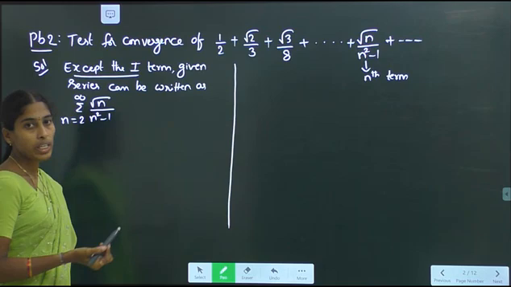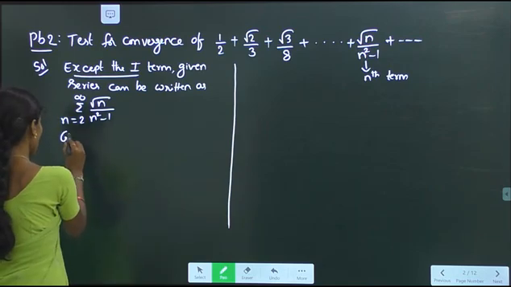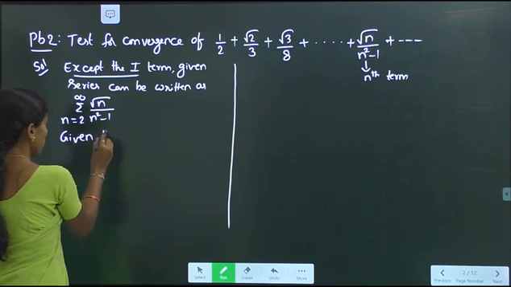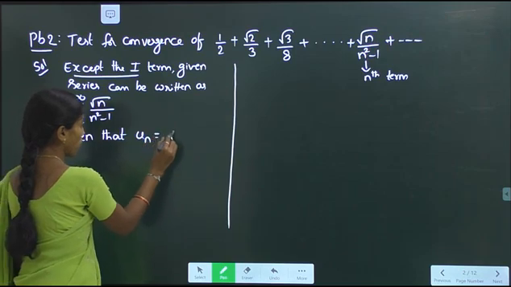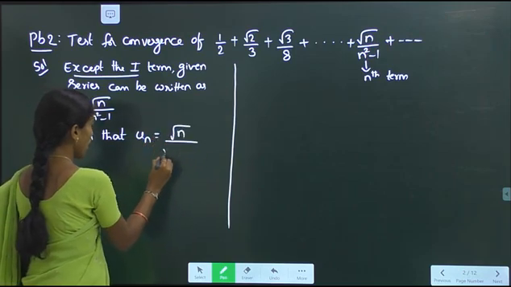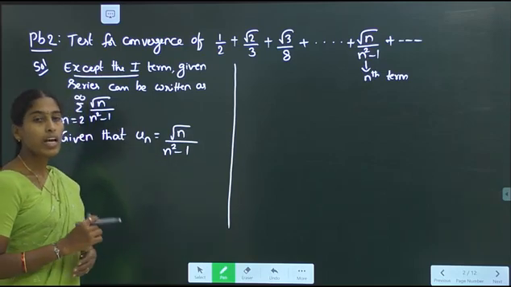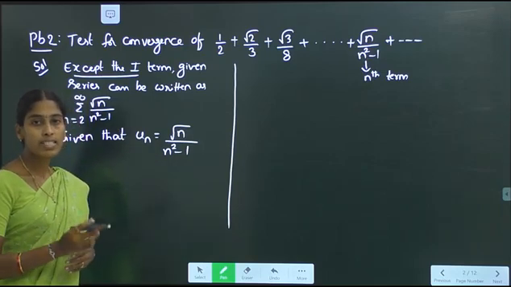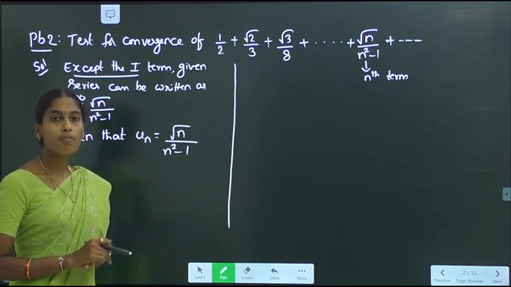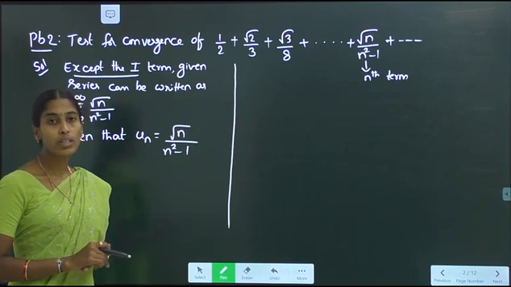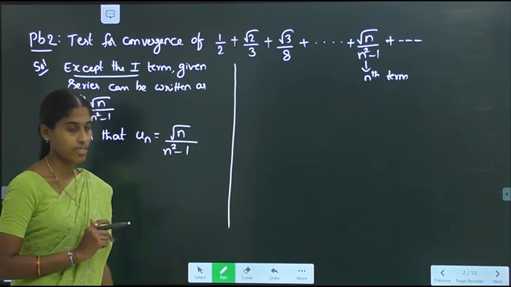So, what is un? Un is nothing but nth term of the given series. So, here, given that un is equal to root n by n square minus 1, right? So, here we have to identify Vn in such a way that Vn nature must be known. In general, the nature of Vn is found out using two tests. One is either geometric series, otherwise using the p-test, right?